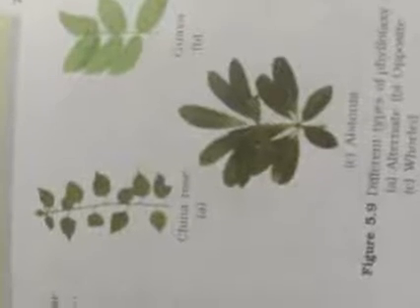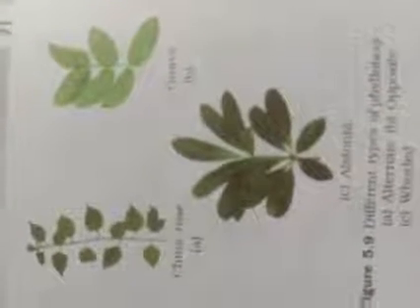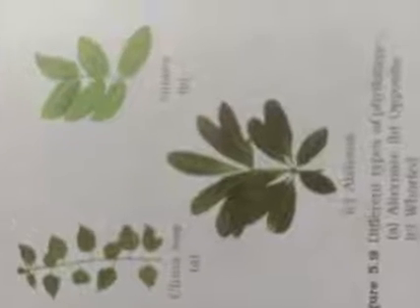But in the case of Alstonia, more than 2 or 3 leaves occur at a node and are arranged in a circular manner. That is whorled phyllotaxy. Clear?